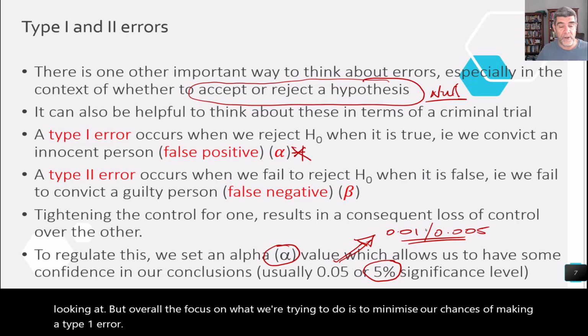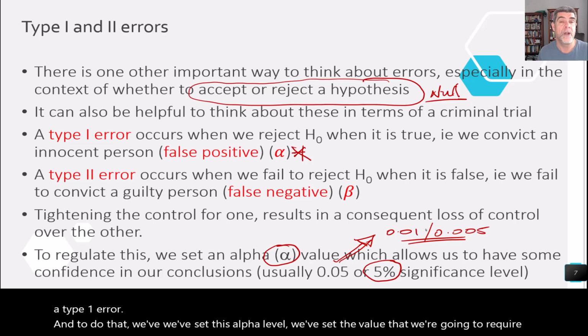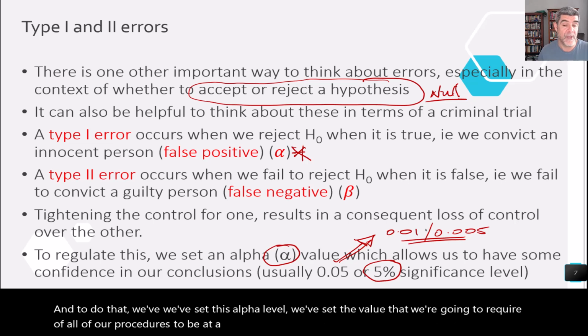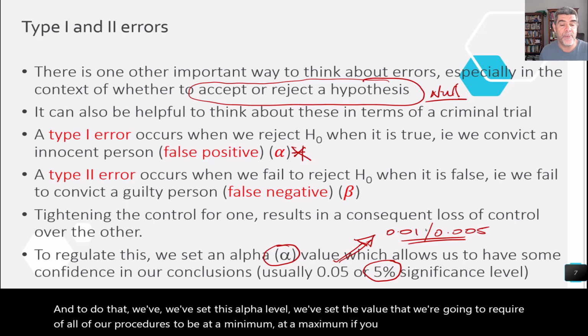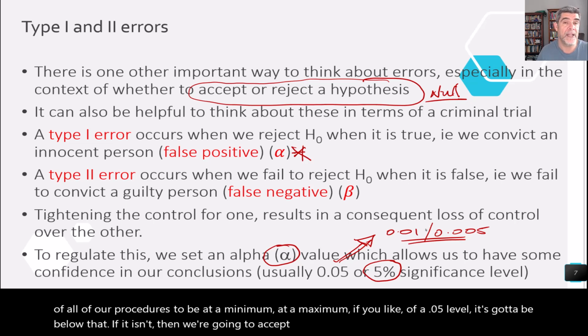And to do that, we've set this alpha level, the value that we're going to require of all of our procedures to be at a maximum of a 0.05 level. It's got to be below that. If it isn't, then we're going to accept that there is no relationship and the null hypothesis is actually true.